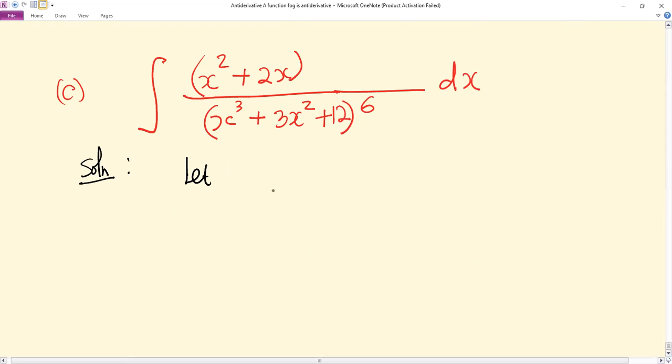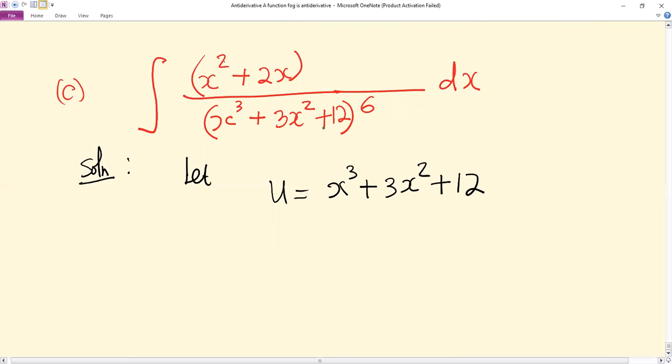So let u be x power 3 plus 3x squared plus 12. So let's fix this bracket, and we are fixing that one because you see this has highest power 3, this has highest power 2.